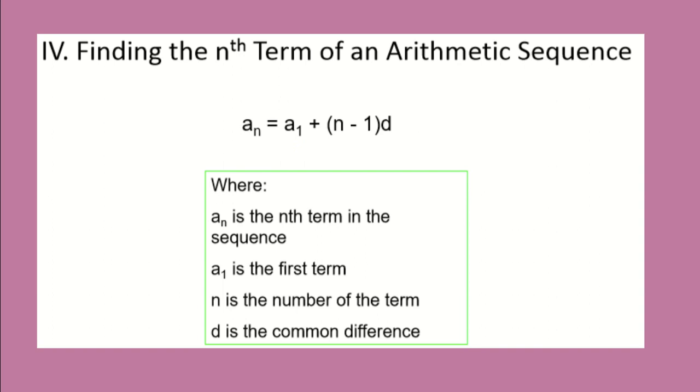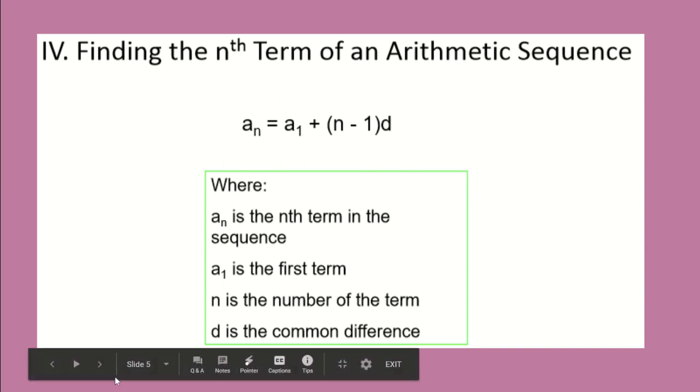So if we said 2, 4, 6, 8, a sub 1 would be 2, because that's the first number in the sequence, in the pattern. And then n is whatever number we're looking for. So if we're looking for the fifth term, then n would be 5. And d represents the common difference, whatever we are adding or subtracting to each term in the sequence. So those vocabulary are going to be important for you to know to be able to use the formula.